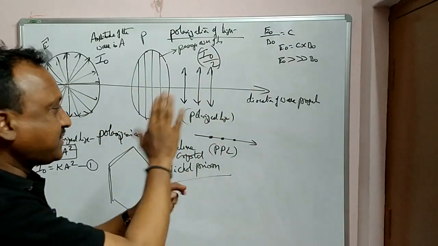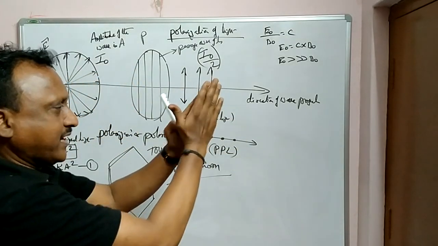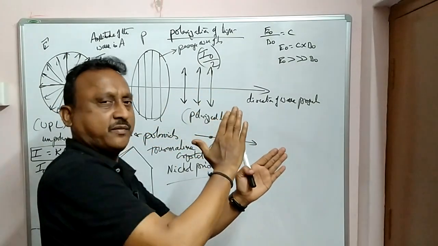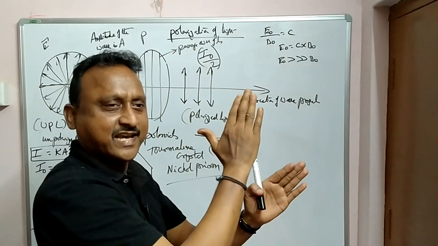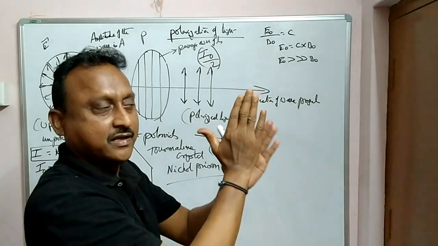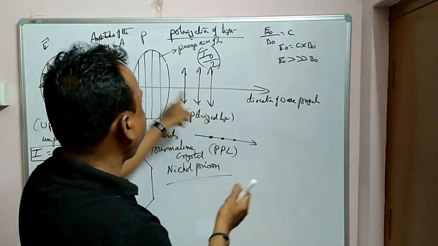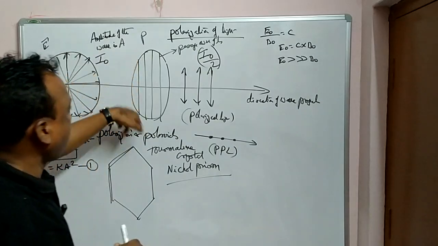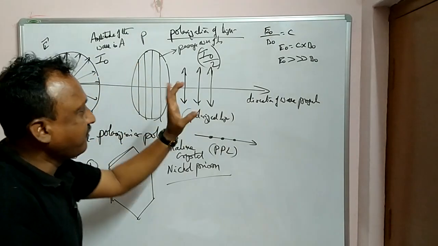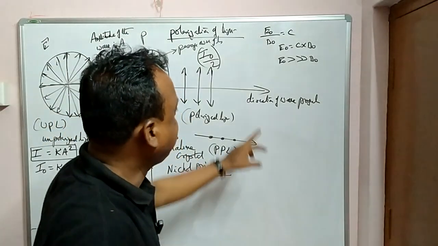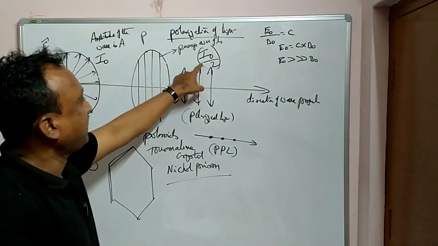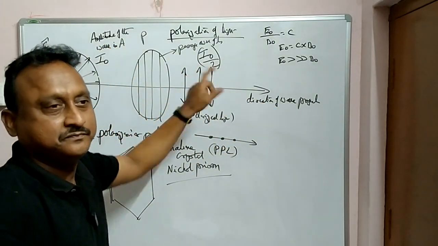The maximum intensity, because only the vertical component, that is A sin theta, will pass through the crystal. Remaining all will be obstructed because of the polarizer. So such type of light is called polarized light. And this is the direction of the wave. So before it was intensity I0, it becomes I0 by 2.